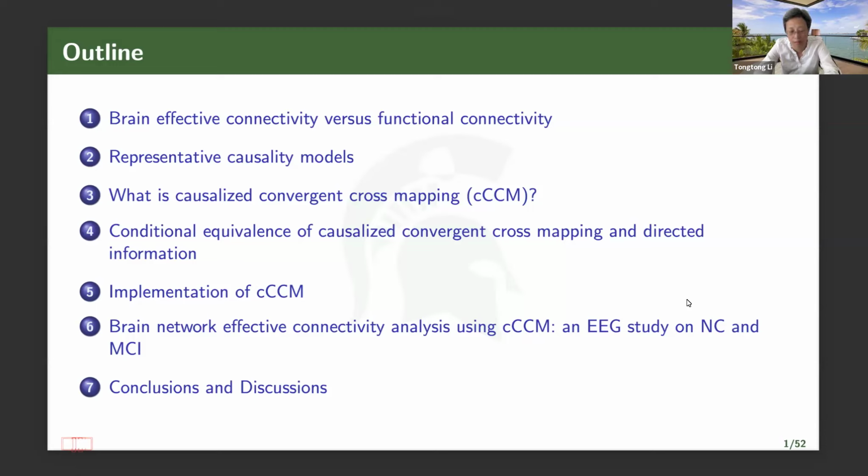And then we'll look at some examples, including applications to an EEG study, in which we try to find the difference in brain network effective connectivity between normal cognition and MCI, and then we can have some discussions after that.